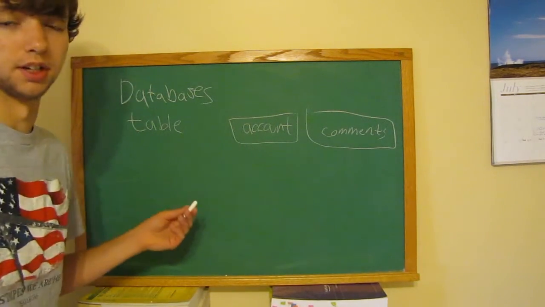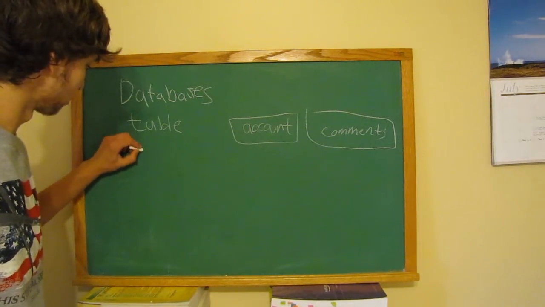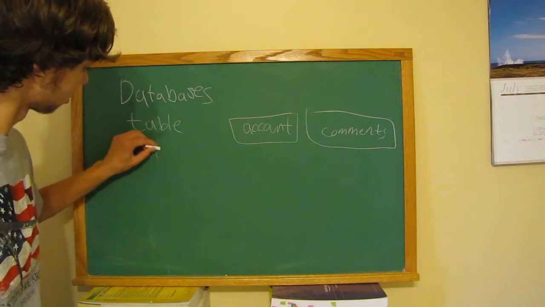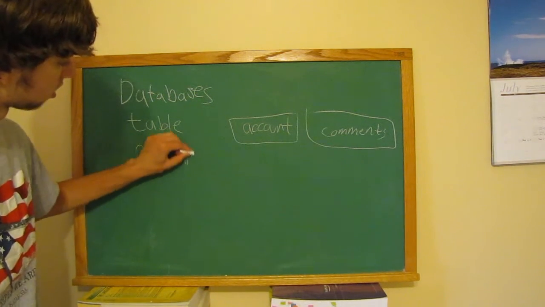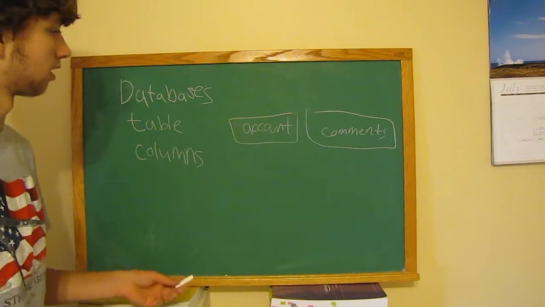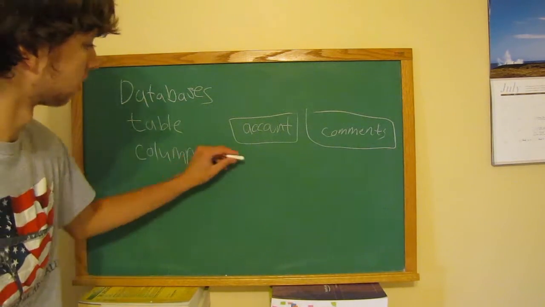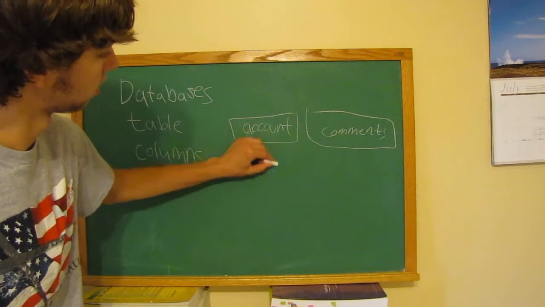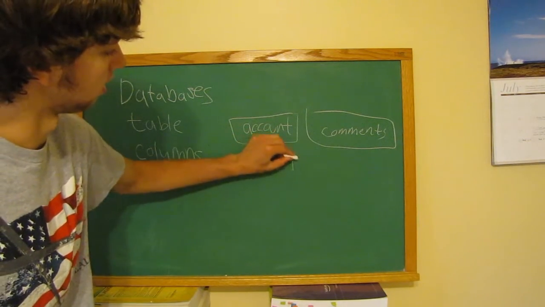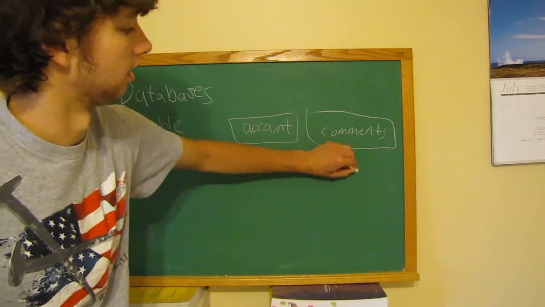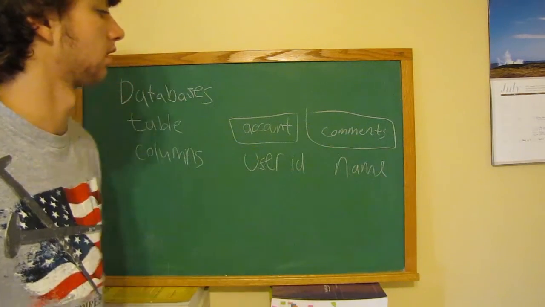The next one I went over was, I think, columns. An example of a column would be user ID and name.